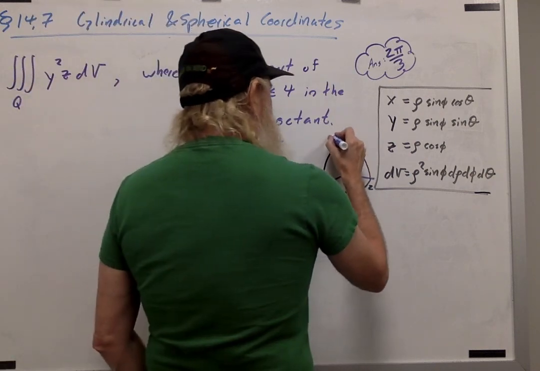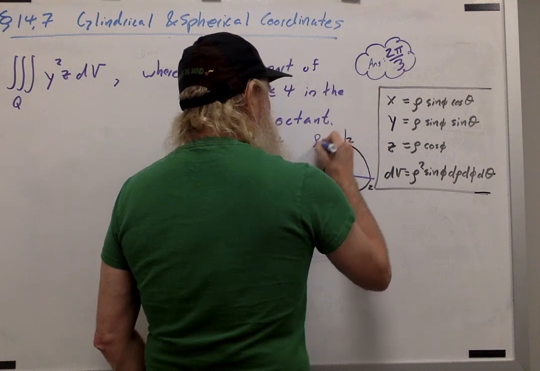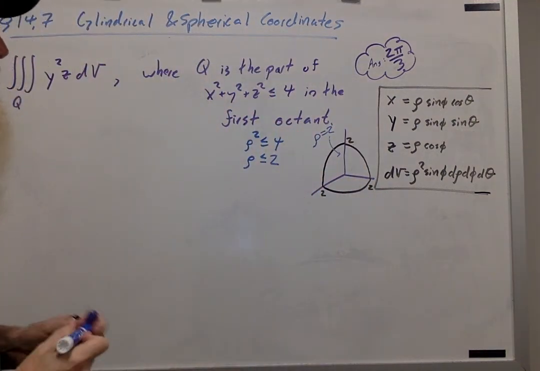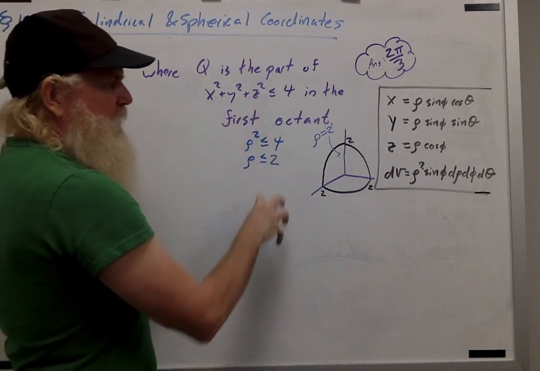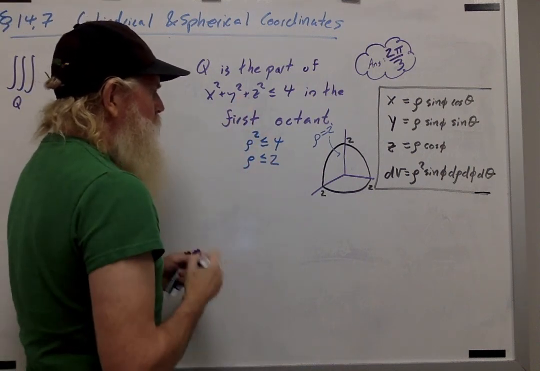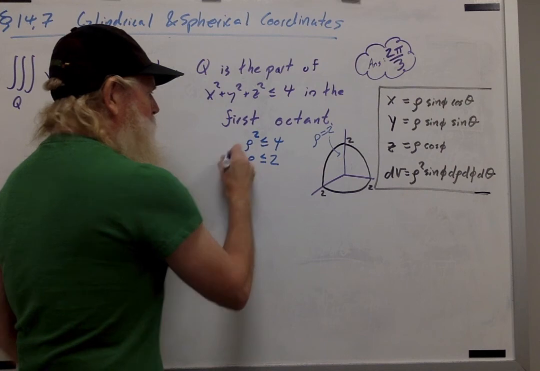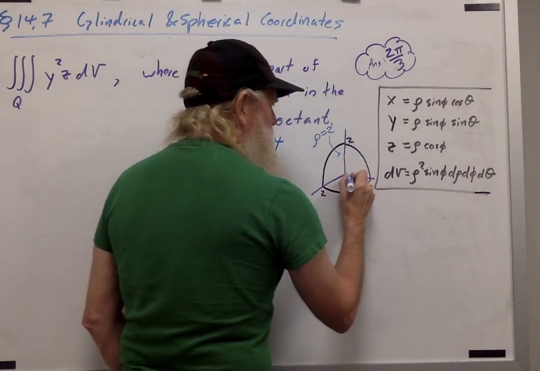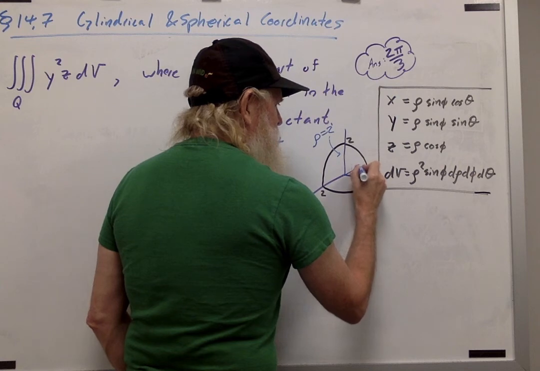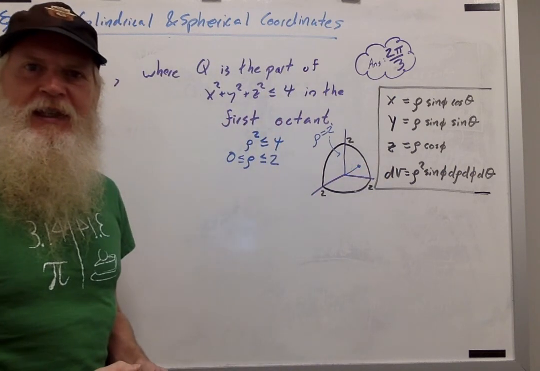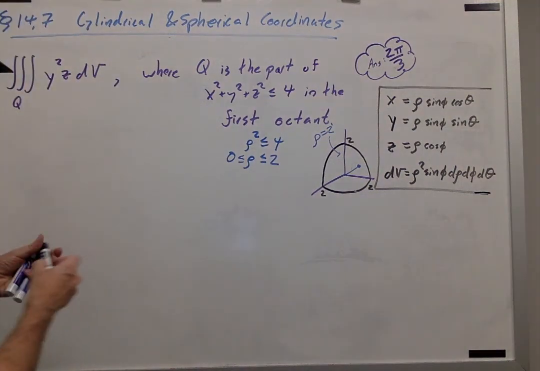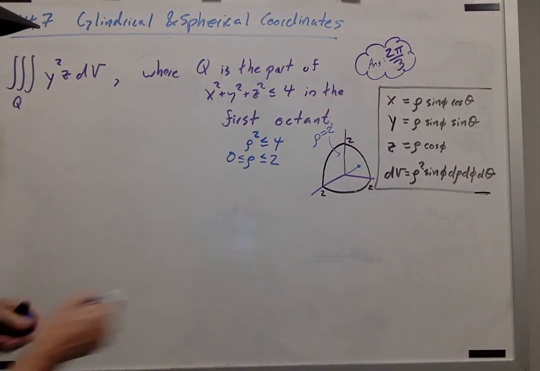Now, of course, rho equals 2 is the sphere itself, but we want the interior of the sphere, so we're going to include rho going all the way from 0 to 2. So rho equals 0 is the origin, and then rho equals 2 is the sphere. So let's start substituting in, and then let's set up the bounds.